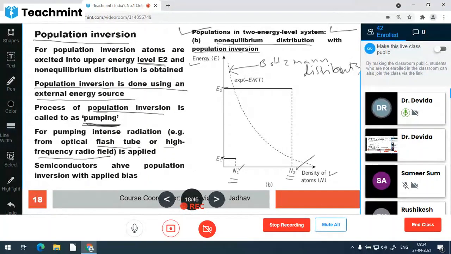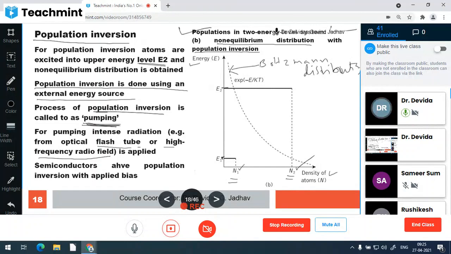An optical flash tube suddenly applies highly intense light on the crystal. That light will be absorbed by the crystal. The source crystal can absorb light, that we have seen in previous slides, isn't it? The source material can emit as well as absorb. Detector material can absorb as well as emit.